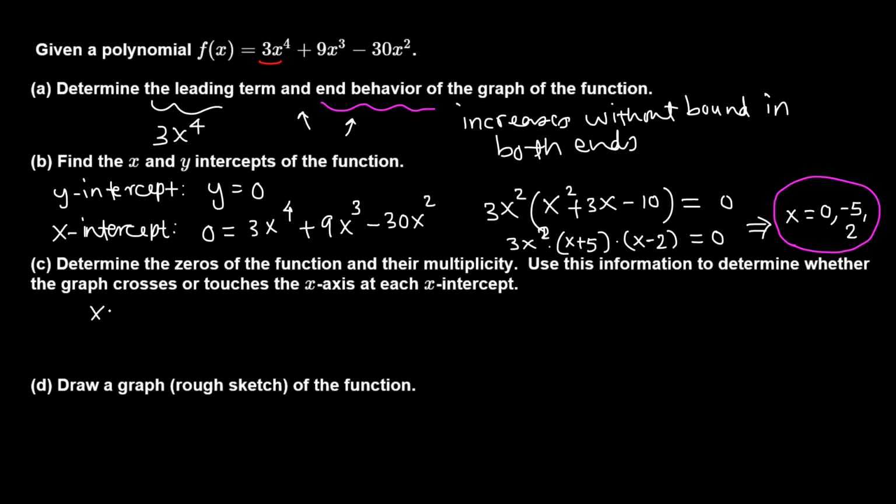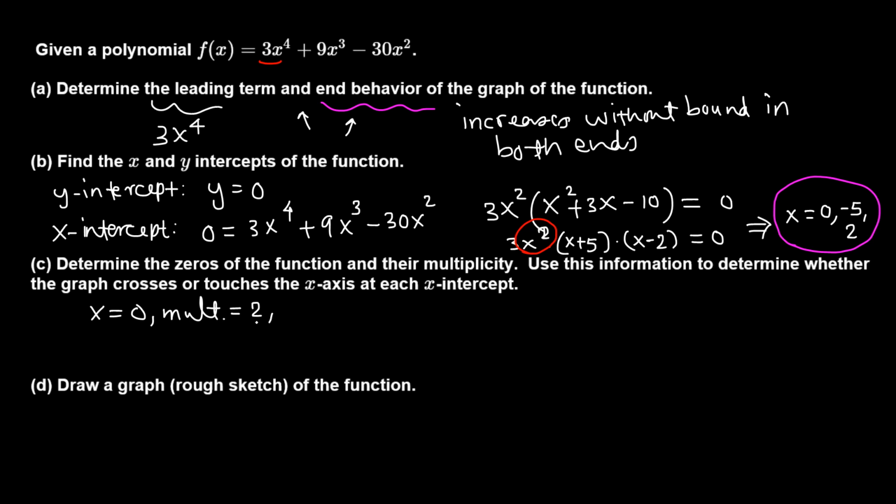So x equals 0. If we go back here, we got x squared, so x equals 0 comes 2 times. So multiplicity 2.